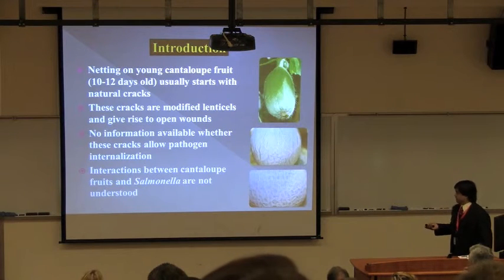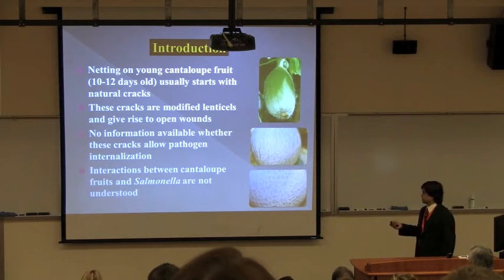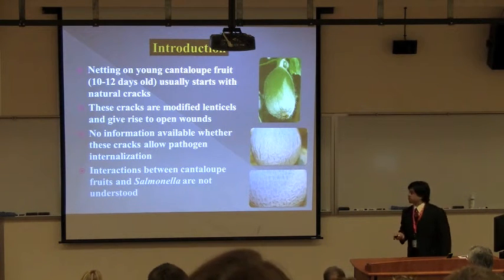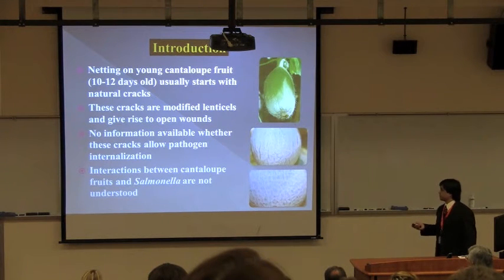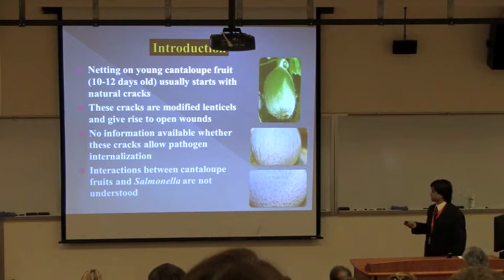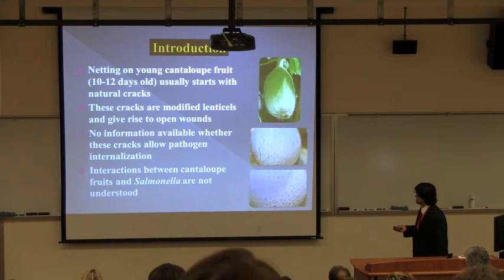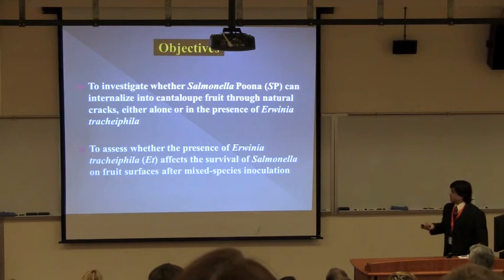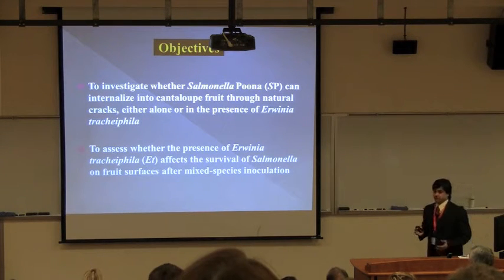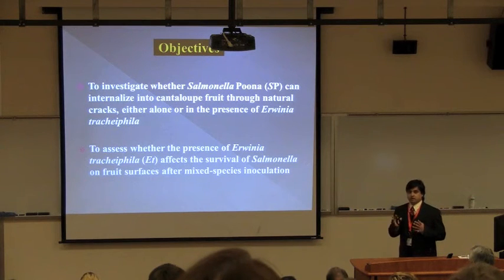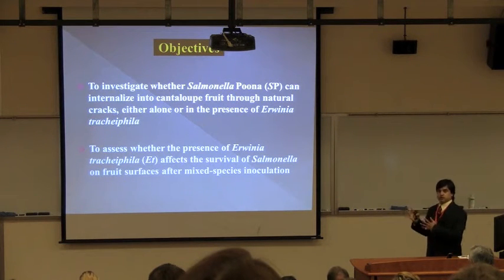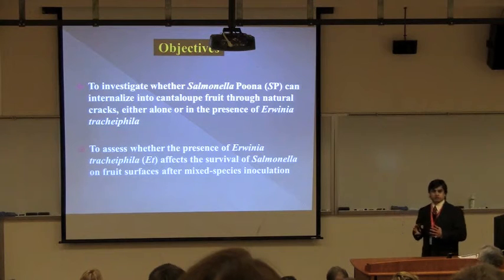So we don't know the interaction of Salmonella on the cantaloupe fruit, and I'm trying to get that information. My first objective is to determine whether Salmonella can internalize through those cracks alone or in the presence of the plant pathogen.